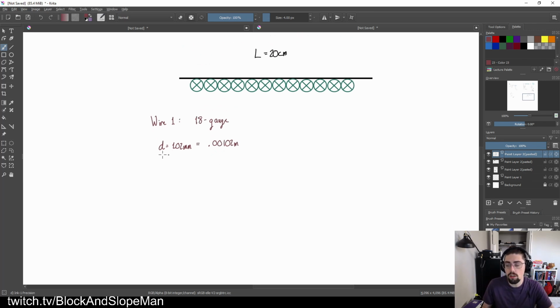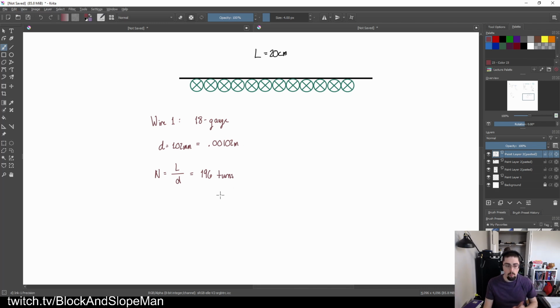So the total number of turns I could fit would be the total length divided by how much length each wire takes up. Plugging this in, for the 18 gauge wire, we could fit a total of 196 turns, 196 coils, on this 20 centimeter long solenoid.